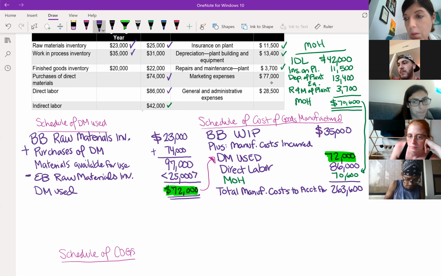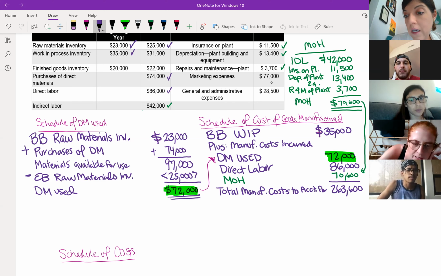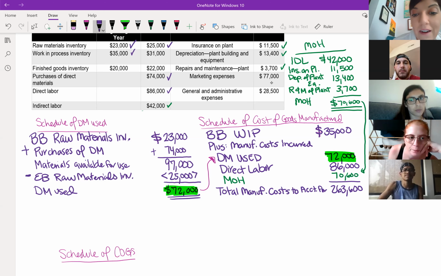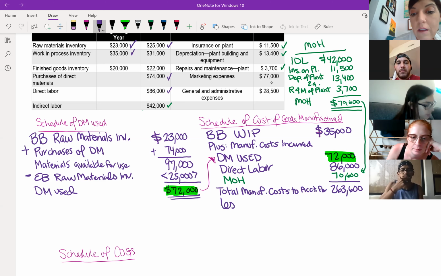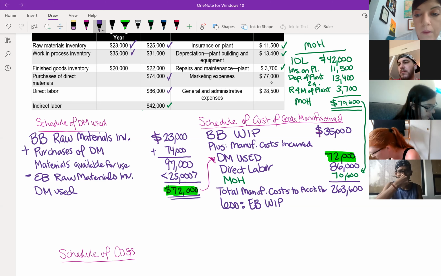And then we're going to subtract out what? Because we're trying to figure out cost of goods completed during the period. So that credit to WIP, what am I subtracting out? Here's all the debit side. Purchases? No. Ending balance. So less ending balance of WIP.